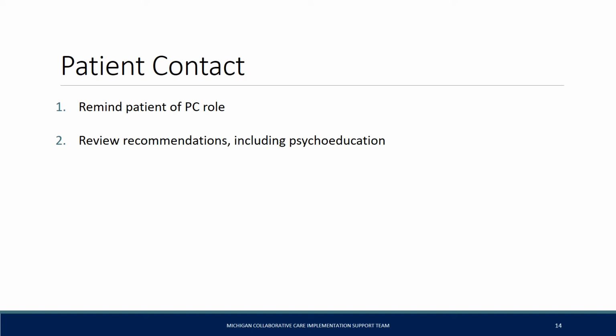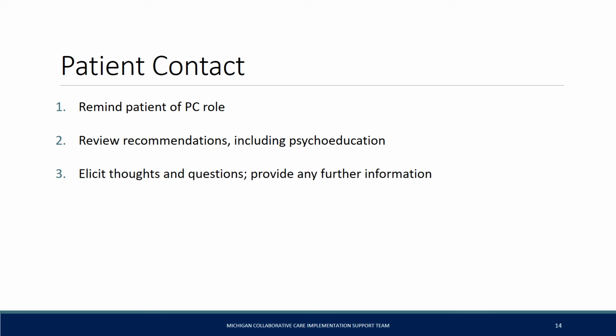So that could include key side effects, what to expect, maybe how long it takes for the medication to start working, such as with SSRIs, where it can take a little bit longer. And then you might want to provide education about titration schedules, or if this doesn't work, then what you might try next. It could go a lot of different directions, but we want the patient to feel really informed, and that's a big part of the care manager's role.